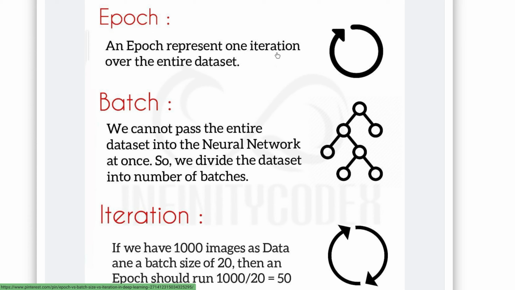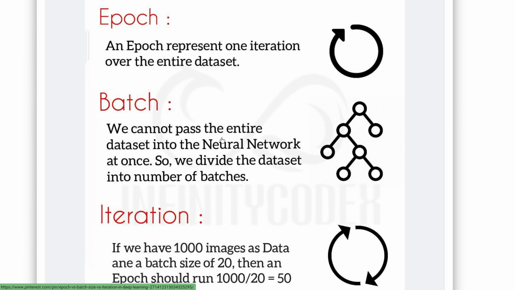It needs huge resources and very good hardware, so it's difficult to use in all companies. To avoid that, in SGD we iterate one by one. It becomes very noisy, and also takes time. So we use the mini batch optimizer.